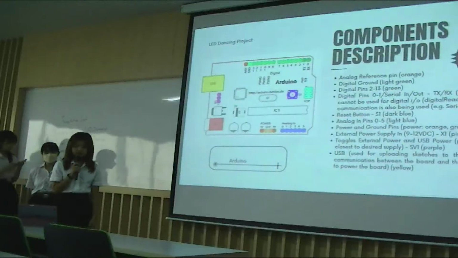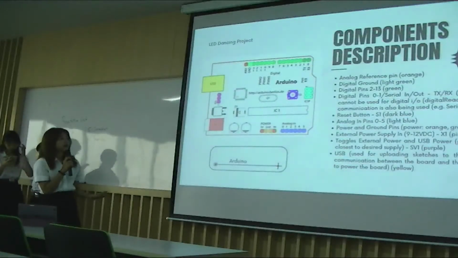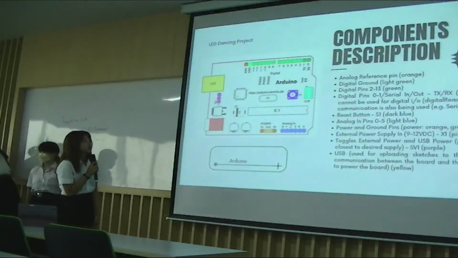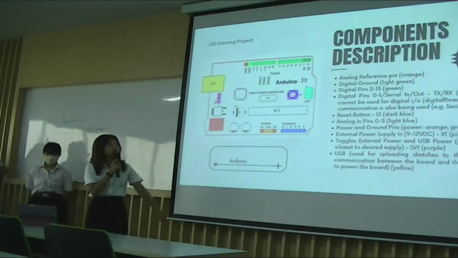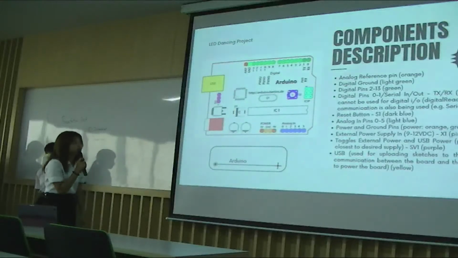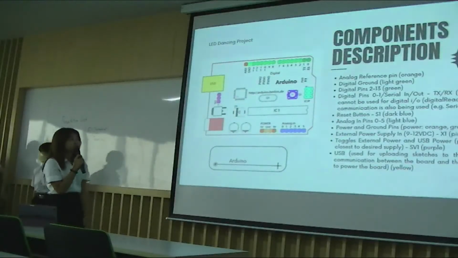Okay, so before we start, let me explain a little bit about Arduino. From the top, there is a yellow line called the analog reference pin, and after that there is a light green pin called digital ground.